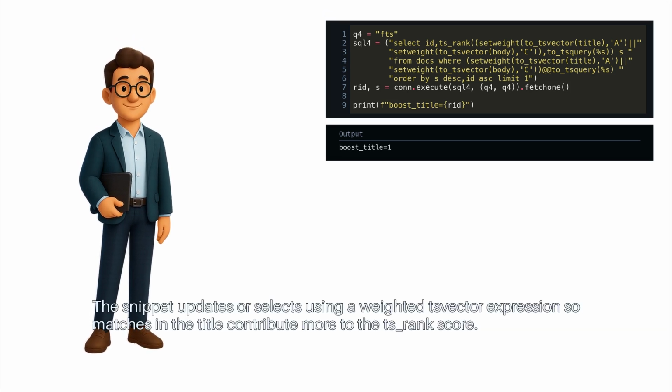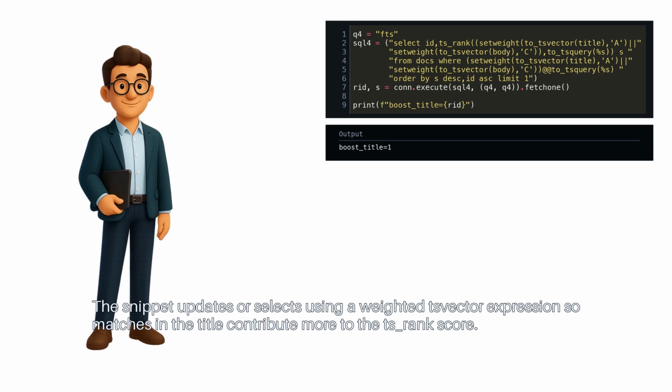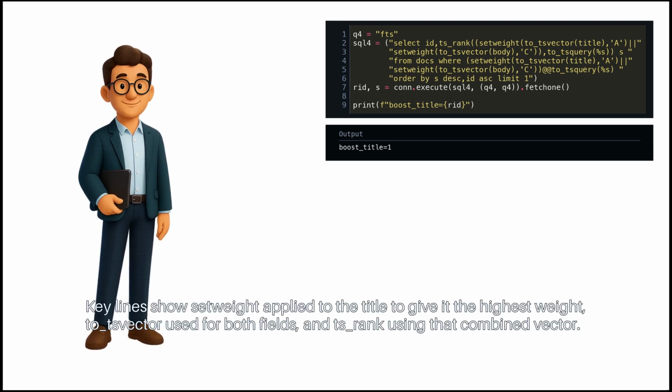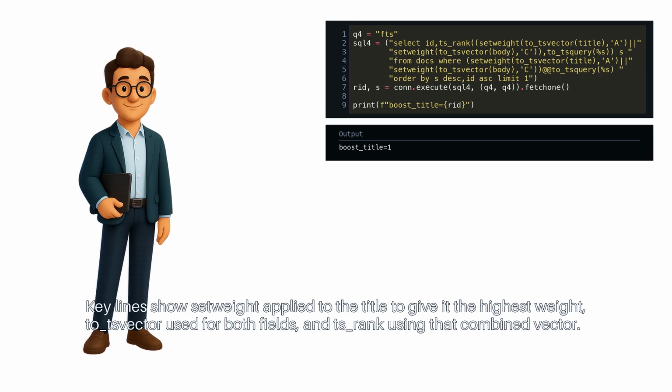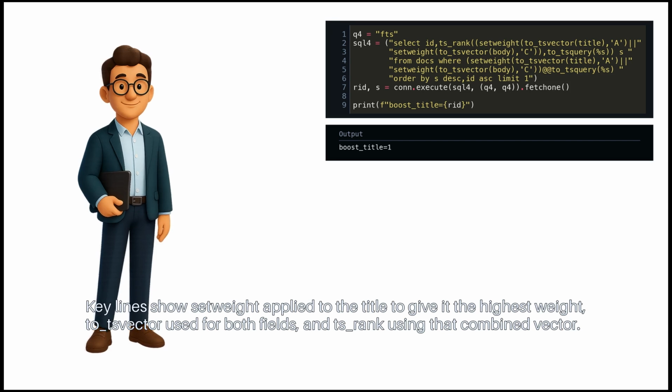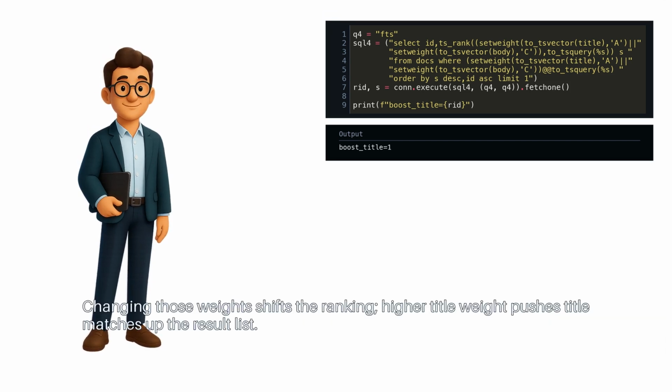The snippet updates or selects using a weighted tsvector expression, so matches in the title contribute more to the ts_rank score. Key lines show setweight applied to the title to give it the highest weight, tsvector used for both fields, and ts_rank using that combined vector. Changing those weights shifts the ranking. Higher title weight pushes title matches up the result list.